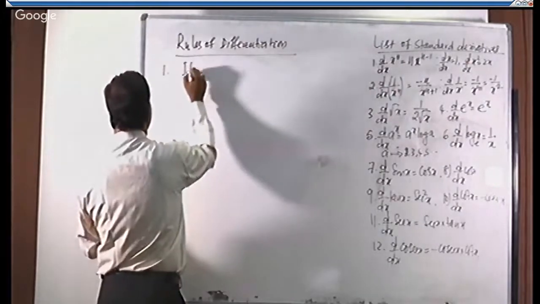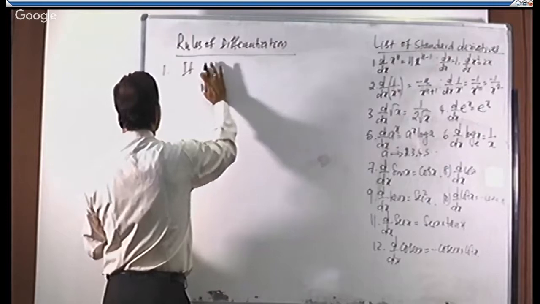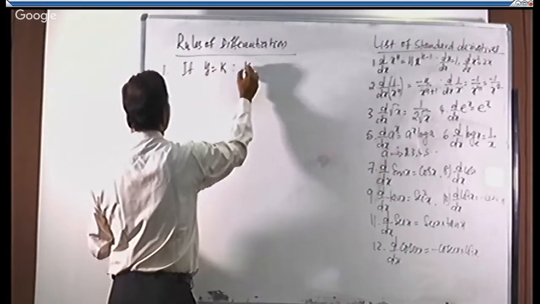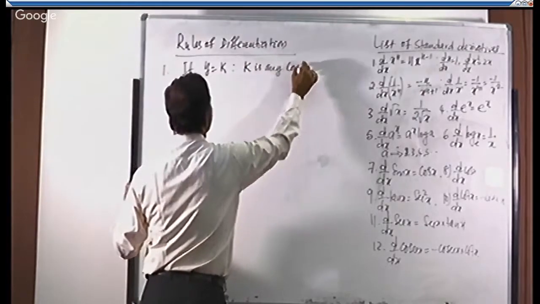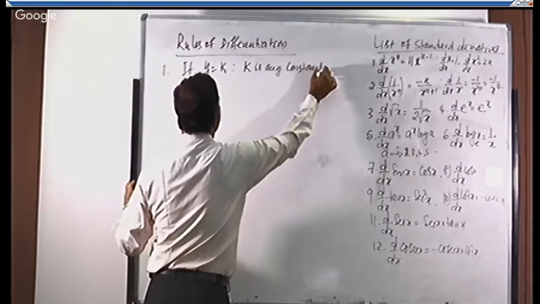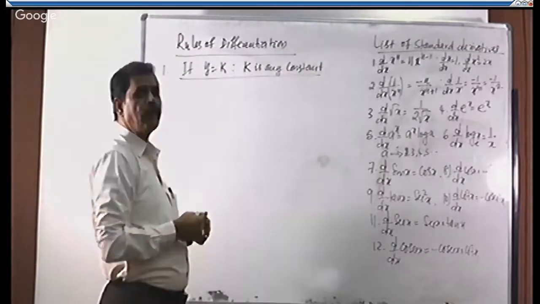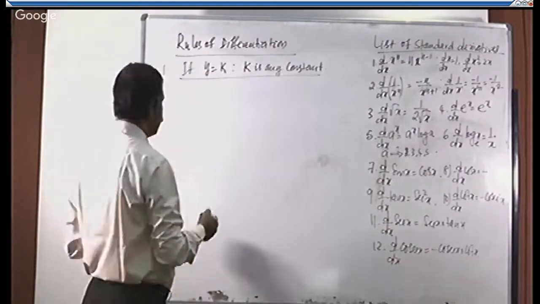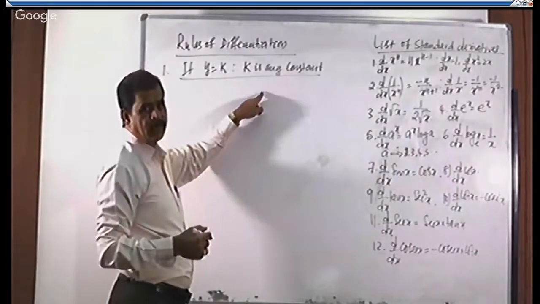If k is some constant, in place of y, if I take k, I should show that the derivative of any constant is 0. So if I use the first principle method, you will get the answer for this.